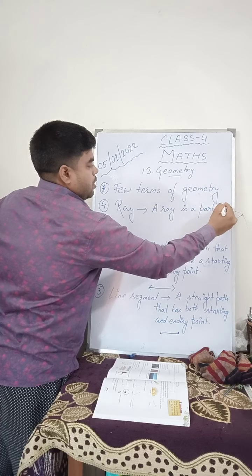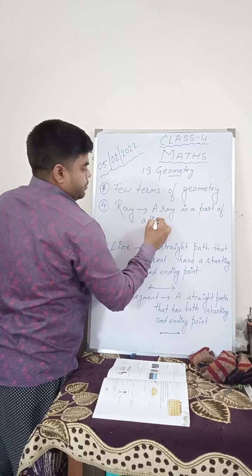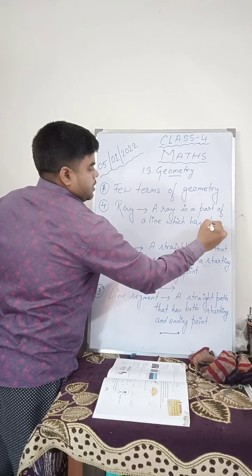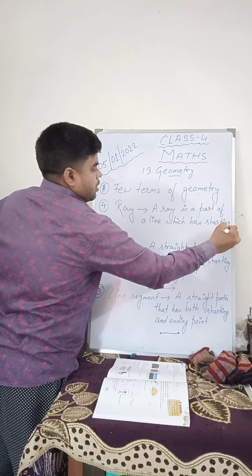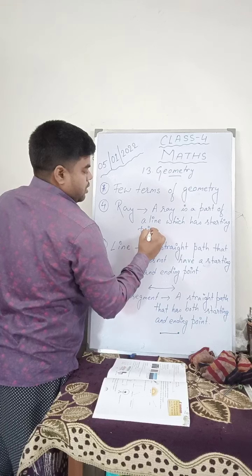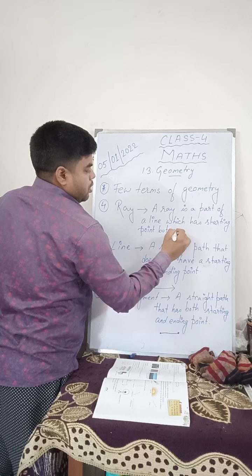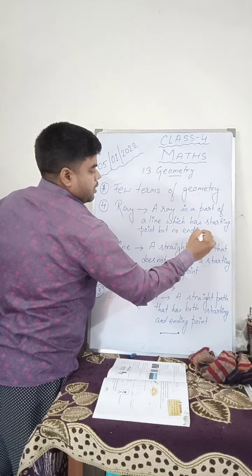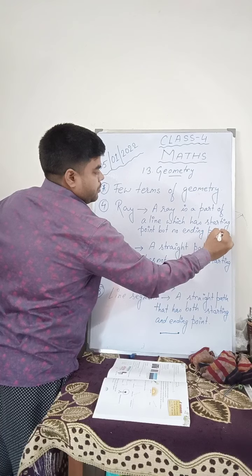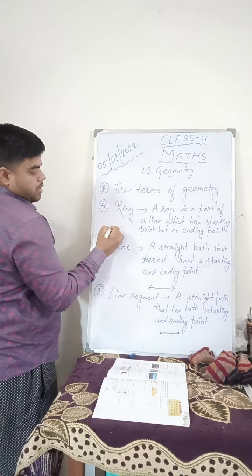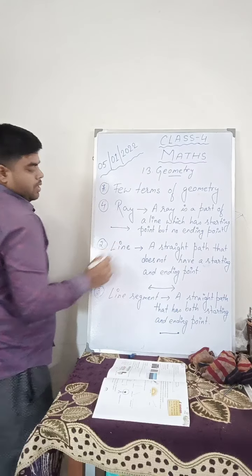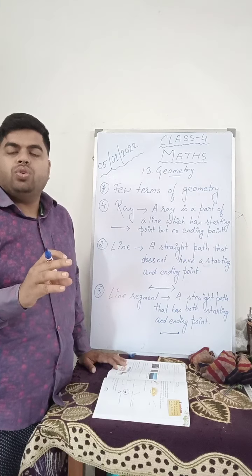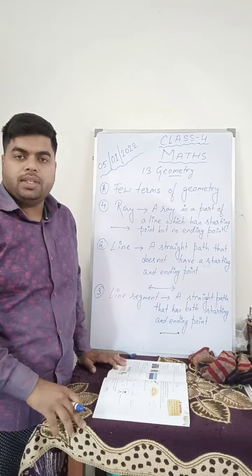The symbol will be: one side will be a dot, followed by an arrow on the other side. So these are a few terms to know for basic geometry.